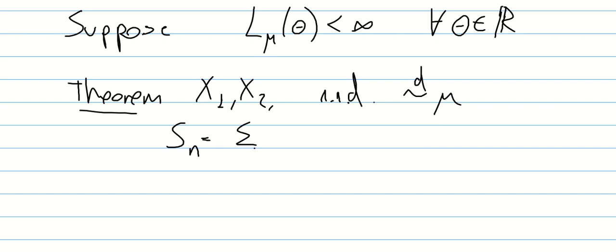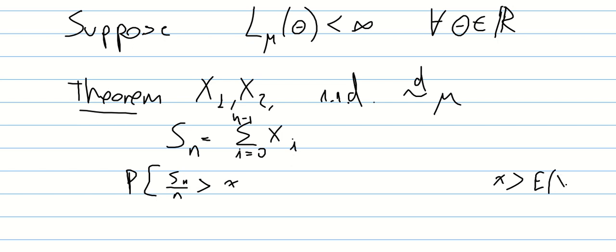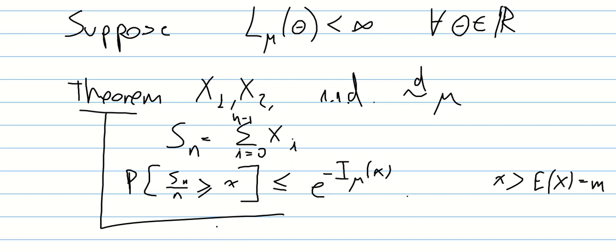Sn was just the sum of xi, and we proved that the probability that Sn over n is larger or equal to x, as soon as x is larger than the expectation, which we call m, is smaller or equal than e to the minus n I mu of x. So this was a very nice theorem, but a simple consequence of the exponential Markov inequality.